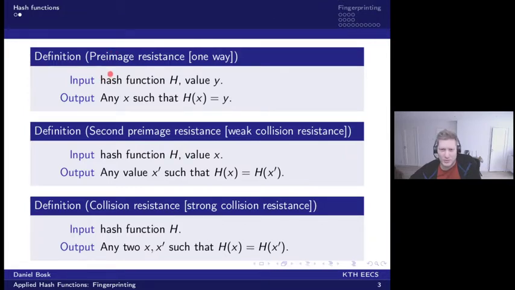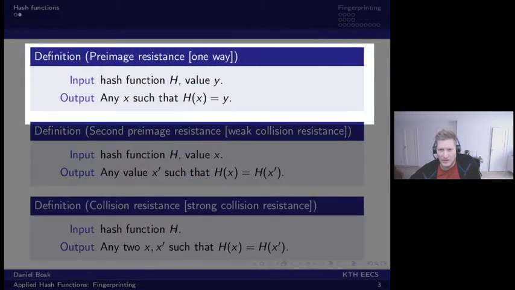So the first one, pre-image resistance, simply says that we have a hash function H, and we also get a value y. And the thing we're going to solve is that we're going to find any x such that H of x is y.